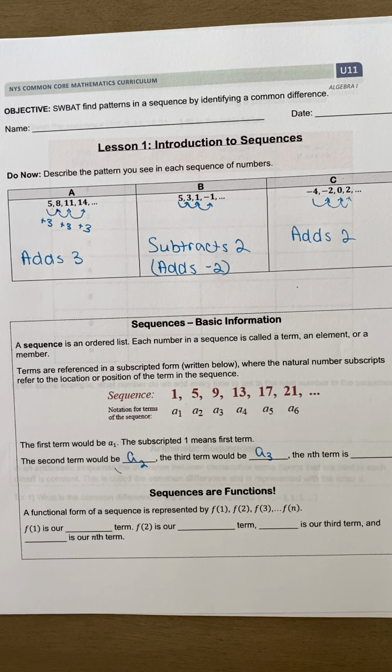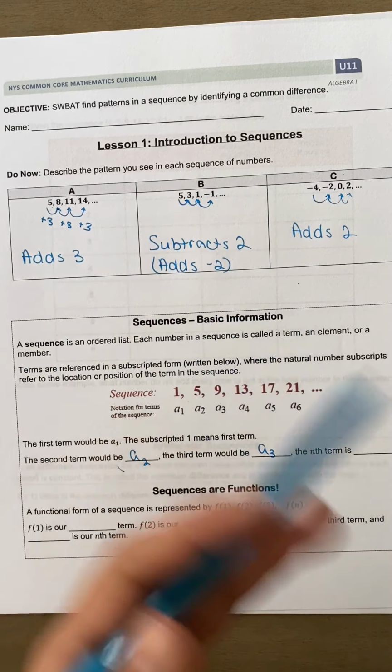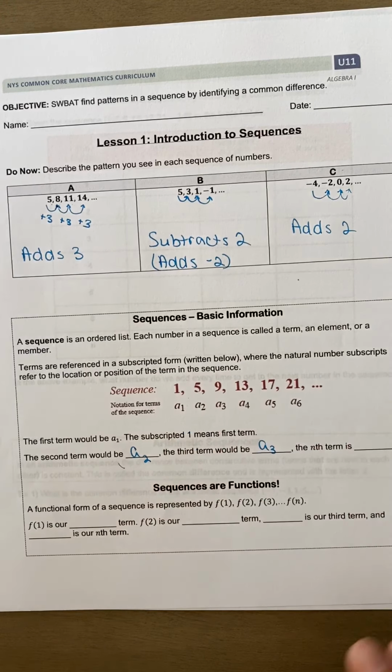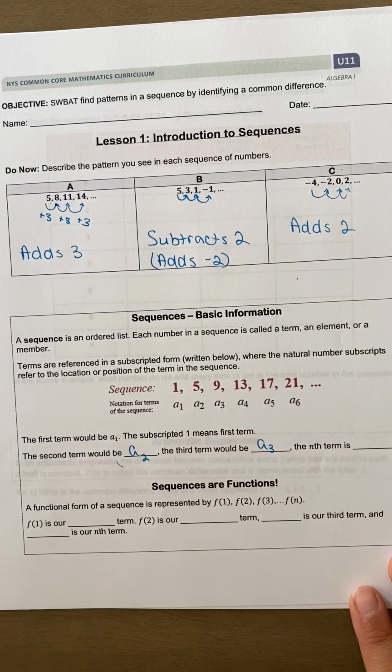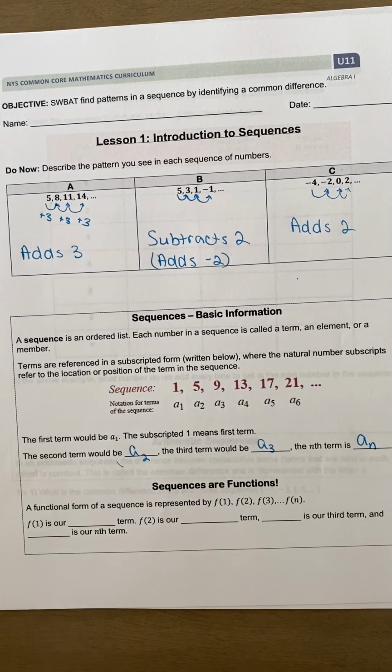That just means I don't know where on the list it is. It could be over here at the, I don't know, 10th term. It could be all the way over until the 100th term. I don't know exactly where it is. So we use the letter N to show that I don't know exactly where it is, but I know it's in this list somewhere. So that's going to be written as A sub N with the N in the bottom corner.